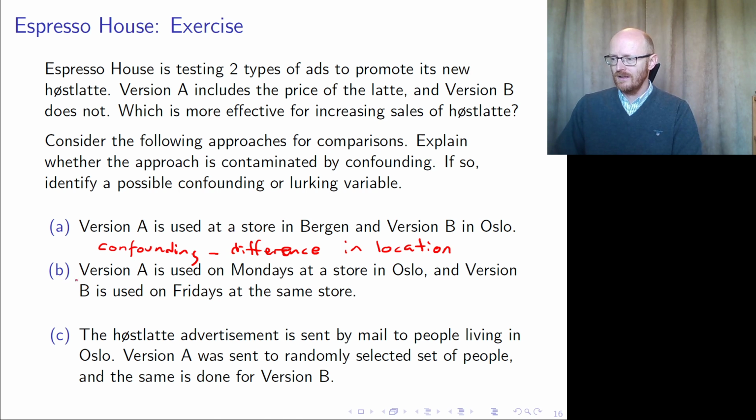Scenario B is that version A is used on Mondays at a store in Oslo and version B is used on Fridays at the same store. Take 5 seconds to find the confounding variable.